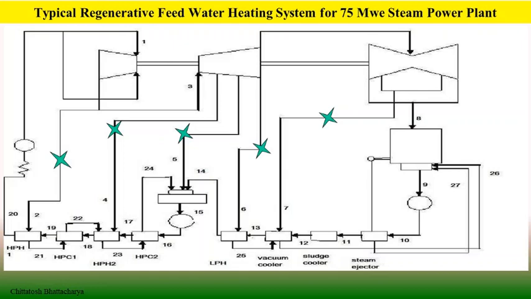boiler. The auxiliary fuel used is oil, and primarily it is a coal fired unit. The steam generated is superheated steam at 320 degrees centigrade, and the steam is expanding in the HP turbine.